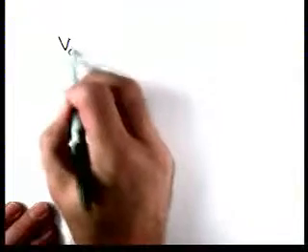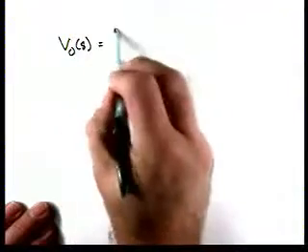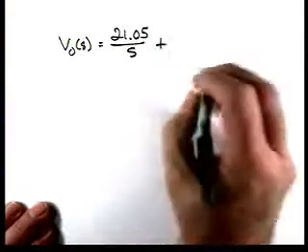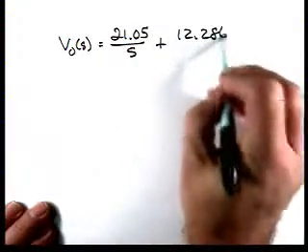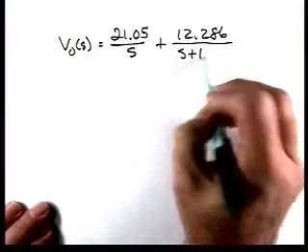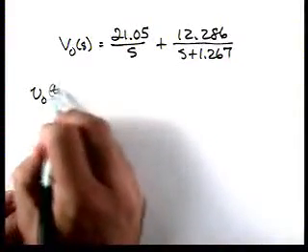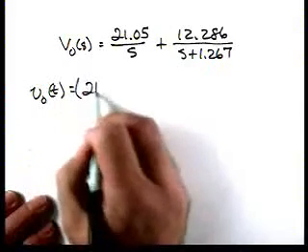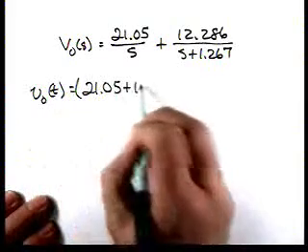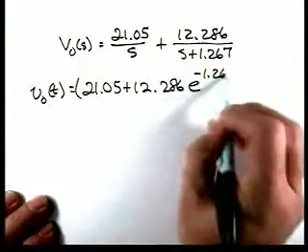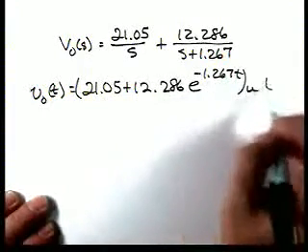So we have V0 of S is 21.05 over S plus 12.286 over S plus 1.267. So then V0 of T is 21.05 plus 12.286 e to the minus 1.267 T, U of T volts.